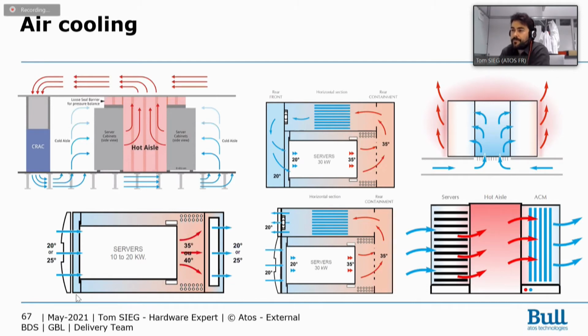In fact, between 20 and 25 degrees is the best air temperature for a data center. It's easier to maintain, it's more efficient for the server, and it's more efficient for the heat exchanger.